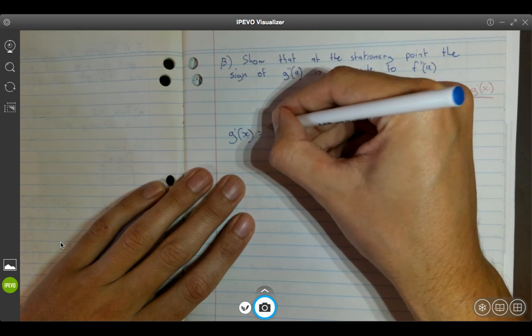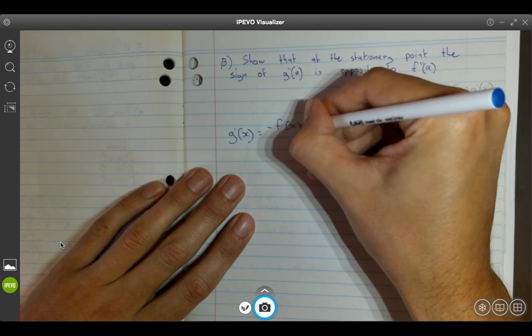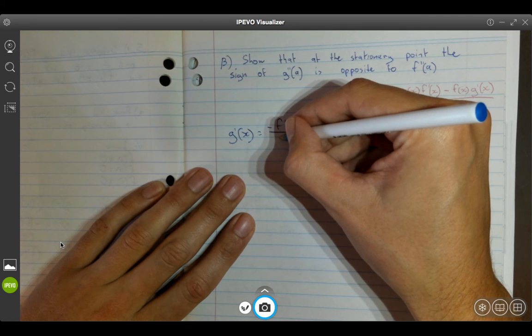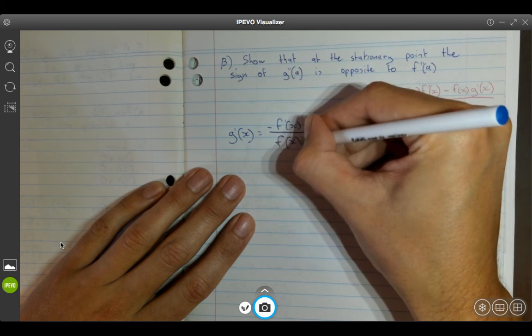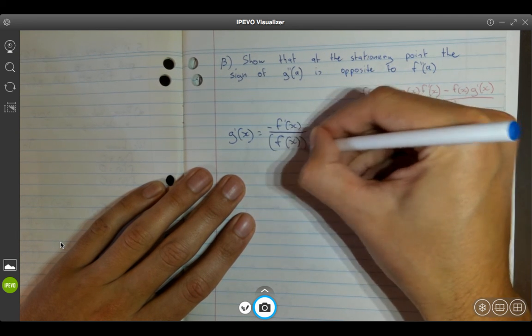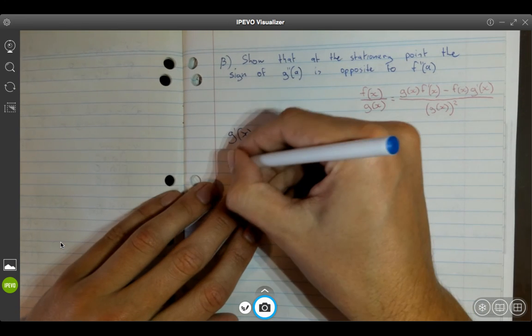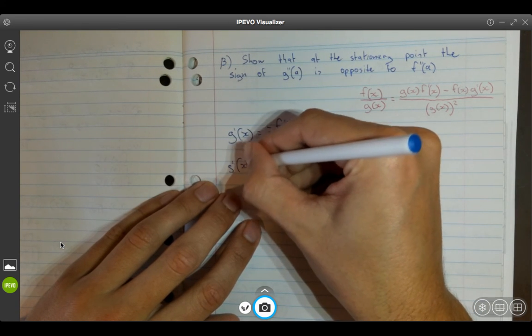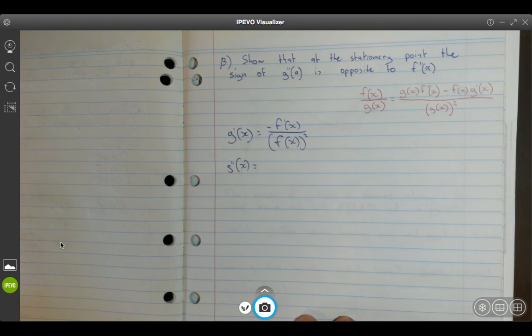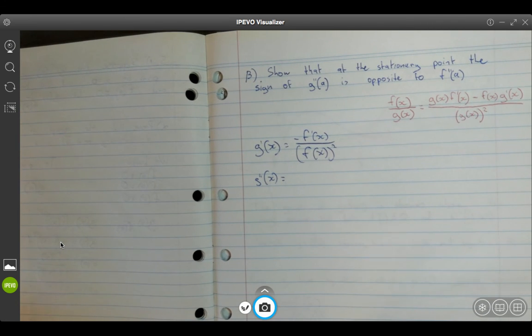So let's take our first derivative, which we discovered was minus f prime of x over f of x squared. And let's take the second derivative. So we're going to use the quotient rule, which I have my little note up here for, and I've done this earlier, so I don't have to.